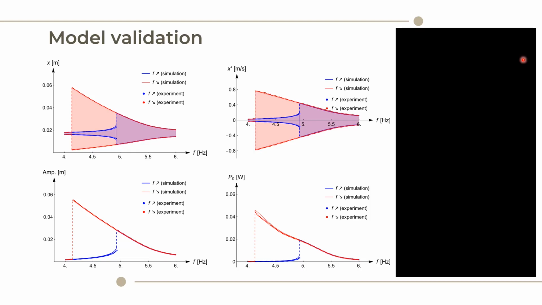In the system, we also observe the rapid drop of the vibration amplitude in the vicinity of 4.13 Hz. It is the red dashed line in the graphs. The real behavior of the experimental system can be seen also in the short movie.